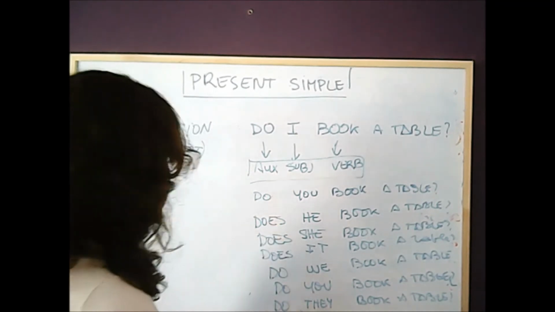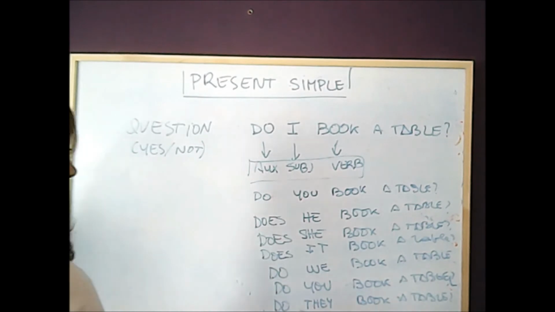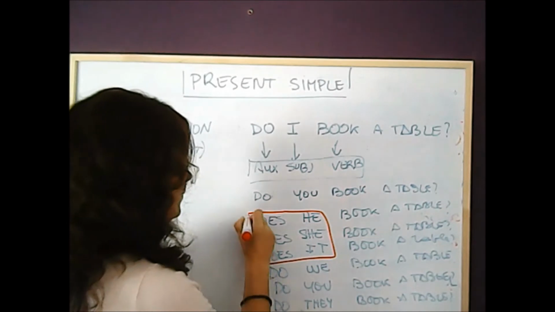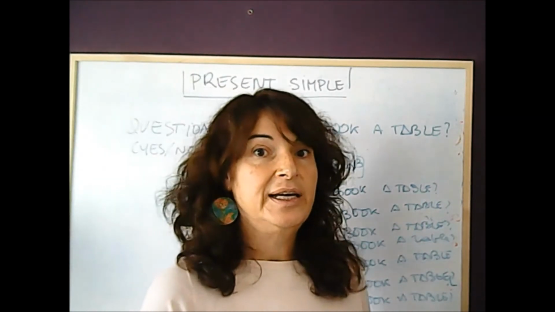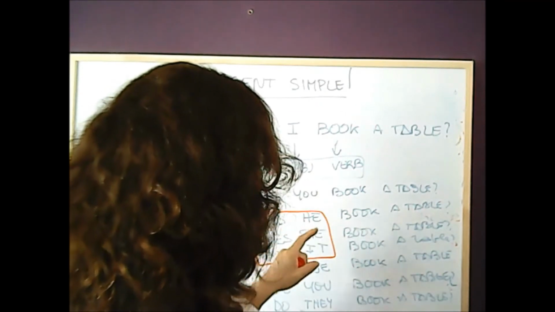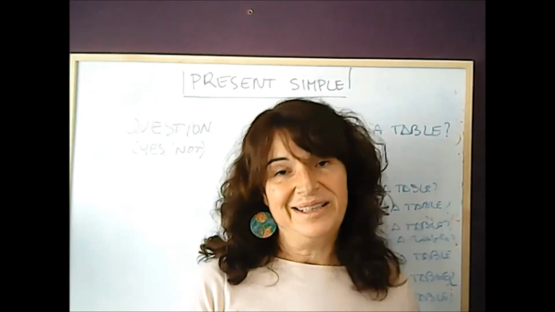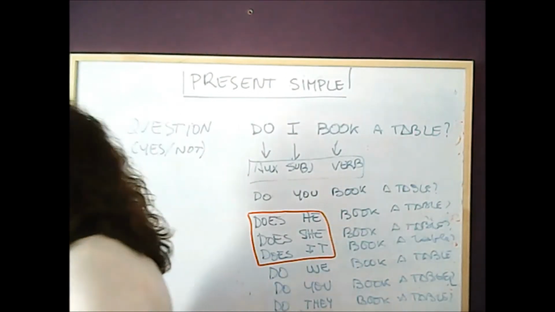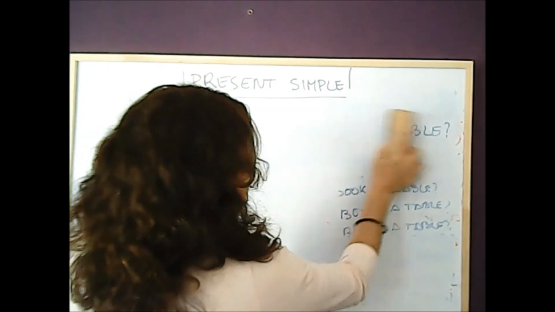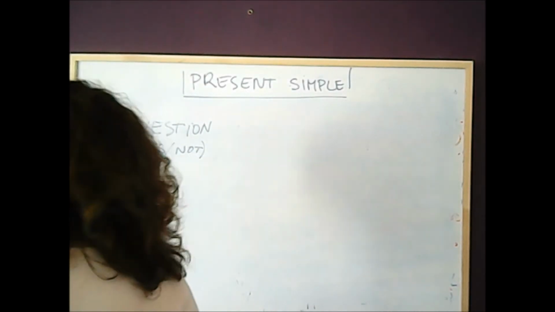Let's see this. Again, for he, she, it, we have a difference in the auxiliary. It's not do, but it's does. Okay?